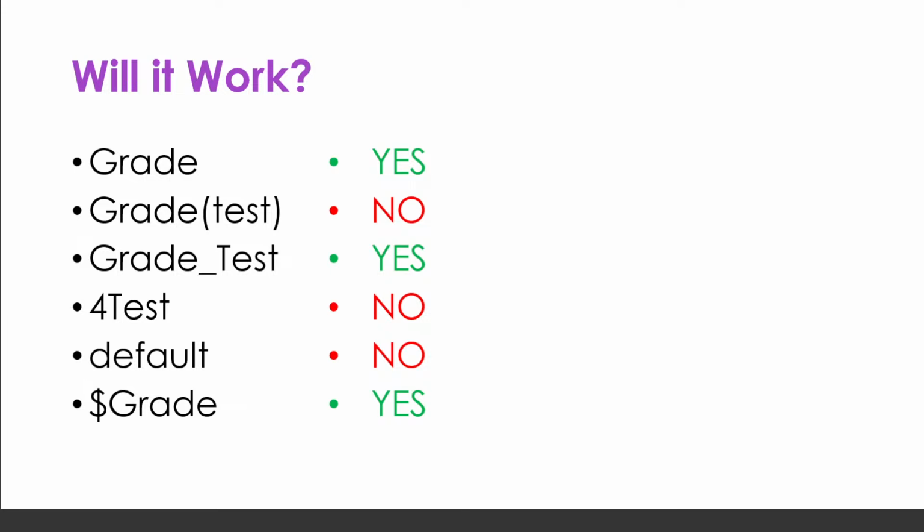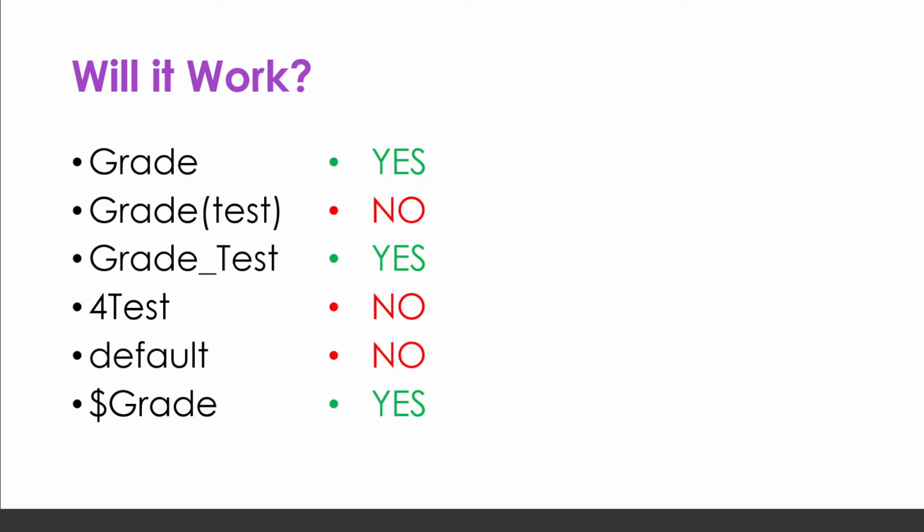So these are the answers. The first one will work. It's just a word, it starts with an uppercase letter, but that's fine. It's just the word grade. The second one will not work. Remember that we cannot have any special characters besides an underscore inside of our variable name, so those parentheses are not going to work. The third one will work. The only special character we can have is an underscore.